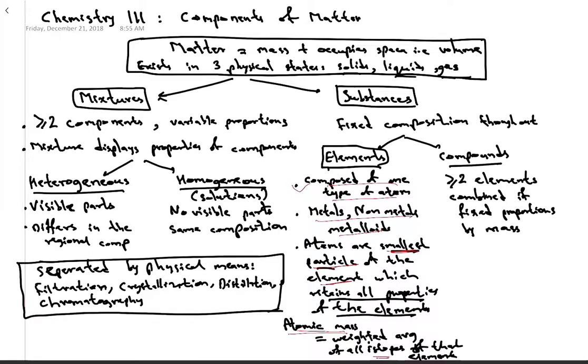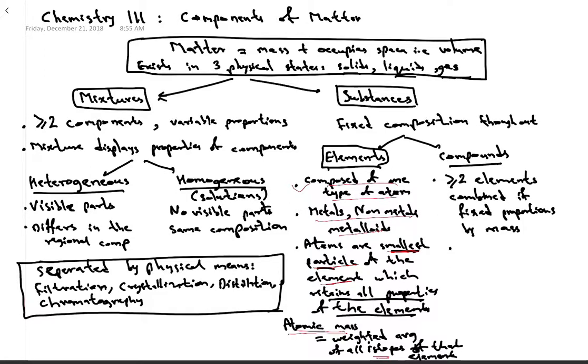It doesn't matter whether you find water on the moon or on earth, water is always going to consist of the same two elements combined in the same proportion, 2:1 of hydrogen to oxygen. So that's the meaning of this first statement, that compounds consist of two or more elements, but those elements will always be combined in the same ratio by their masses.